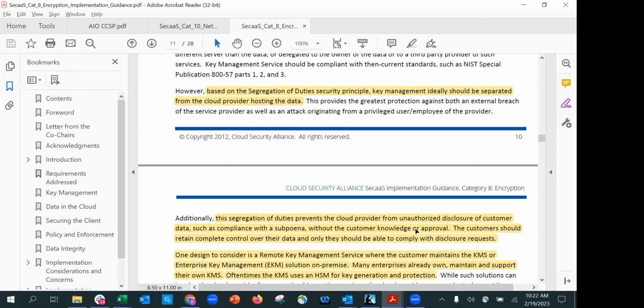Exactly, yes. Customer knowledge, it's okay, but approval, no. That is my concern here. Knowledge, it's your right to know that. But as for law enforcement, approval, let me think about it, and I will also check in the exam samples which I have. I may find something related to it.